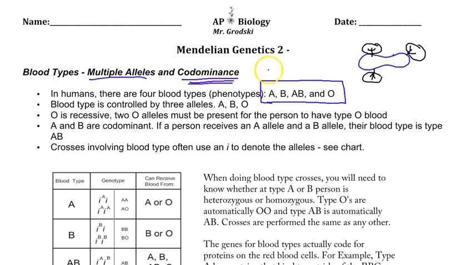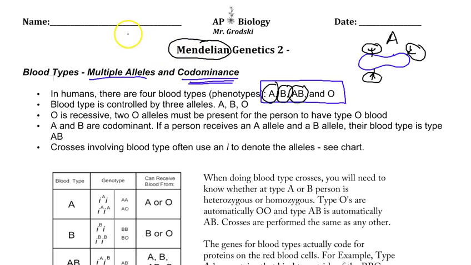But more importantly, we produce these types of proteins. Now, of course, we don't produce an A or an AB on the red blood cell, but that's our way of coding for and talking about the different possibilities. The discussion today is still Mendelian genetics, because the crossing of people with A, B, AB, or O blood follows Mendelian genetics.